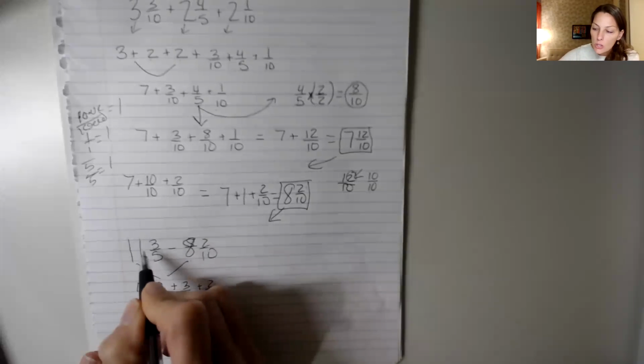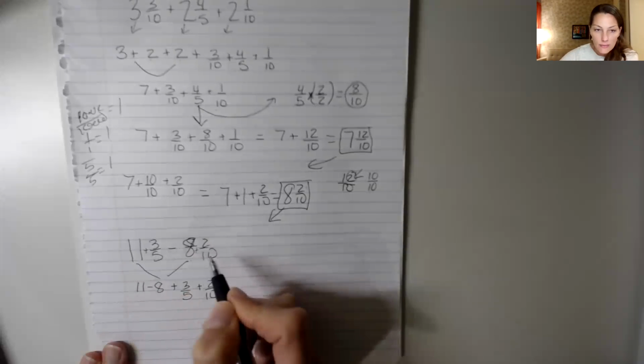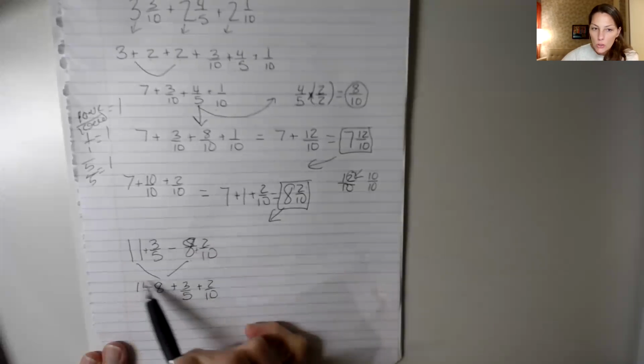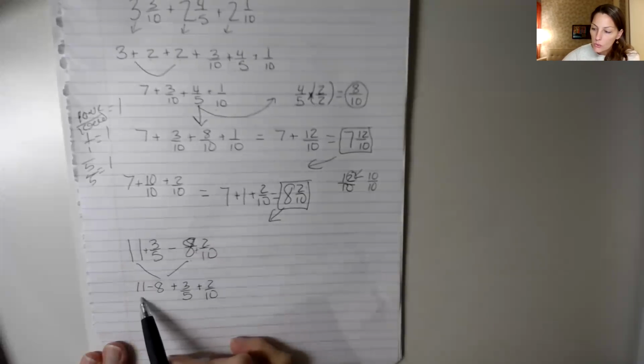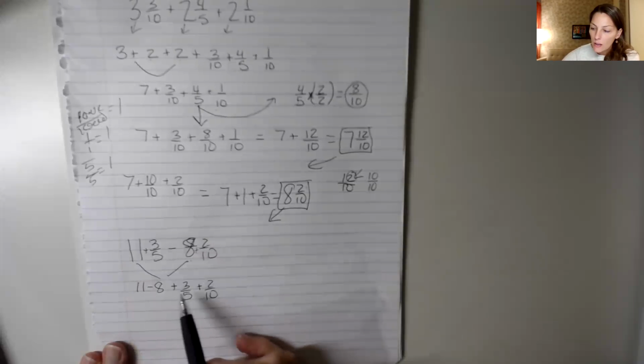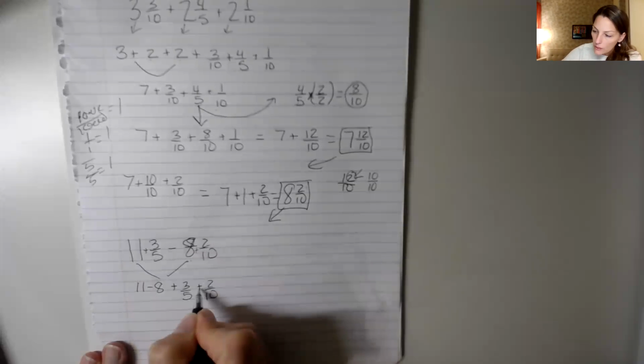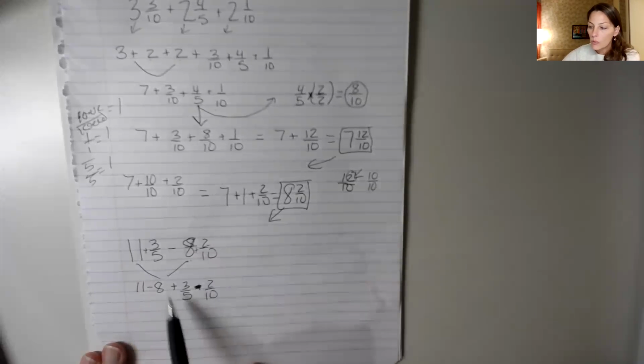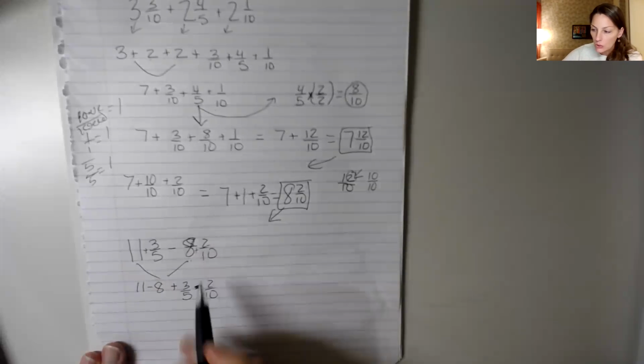This is just like a little plus sign, so we can't forget that. Overall, we still are subtracting. So it's going to be 11 minus 8. Oh, I do need a plus here because I am going to subtract the big parts of it, okay? But when we pull out the whole number, you have to add back into the fraction. I know that's a little bit confusing.